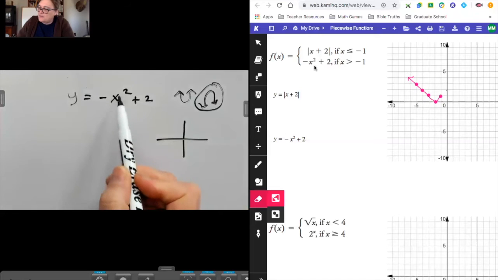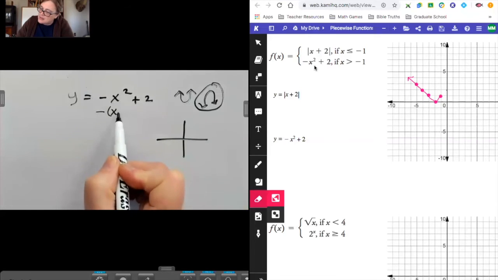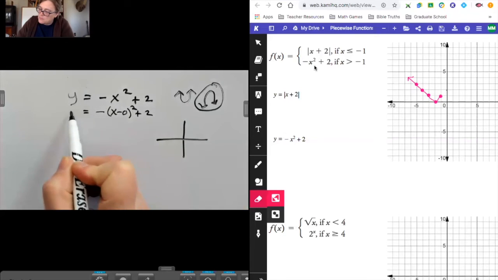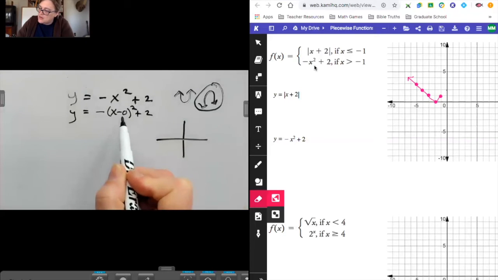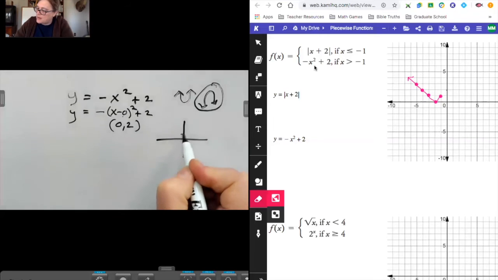Here we have no shift on x. If we want to see that, we could just say x minus 0 squared plus 2. This is centered at 0, 2. The vertex is at 0, 2. No shift on x, but it's been shifted up 2 for y. And we know that it's facing downwards.